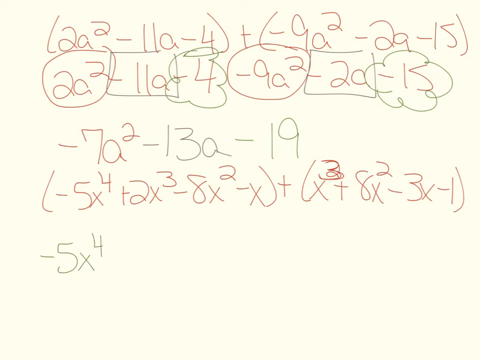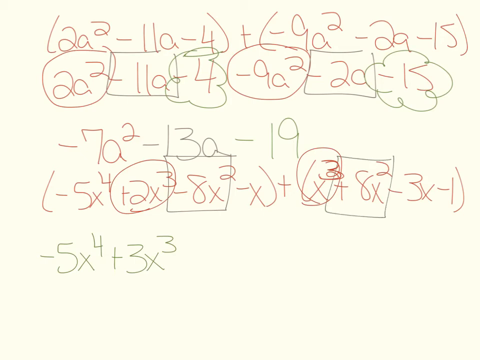I have a 2x cubed and an x cubed. 2x cubed plus 1x cubed is 3x cubed. I have minus 8x squared plus 8x squared. What happens with minus 8x squared plus 8x squared? That becomes 0, right? Those cancel. Then I have minus x, minus 3x, minus 1 minus 3 is minus 4x. And then I have this lone constant out here, minus 1. So there is what I get when I add those two polynomials.